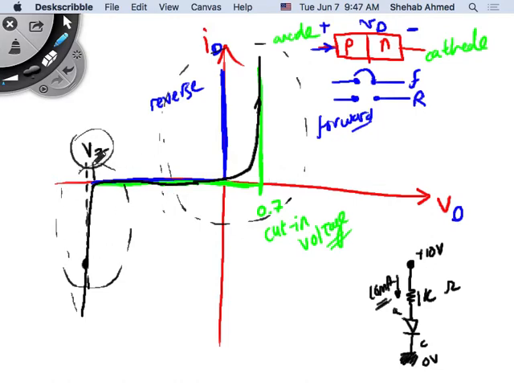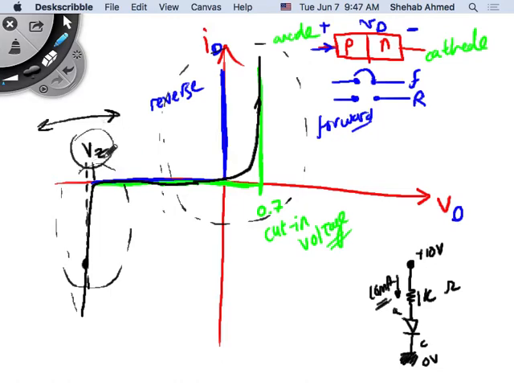But VZ, we found in the reverse operation, we are able to control. I can play with the doping and the size of the N-type material or P-type material to be able to utilize this Zener effect to my benefit. The Zener effect utilizes drift of charge to create current.